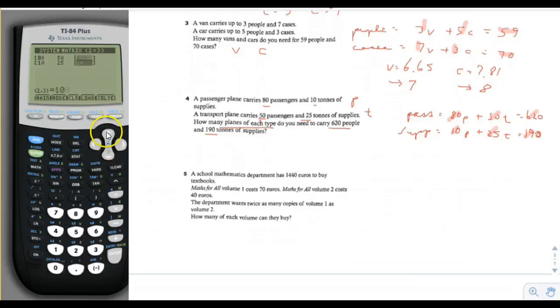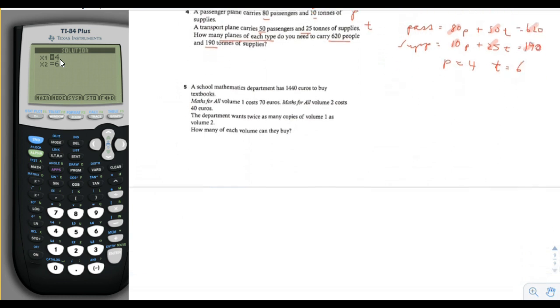Whoops, not 10, 190. Okay, and then we solve, and we get 4 and 6. So the number of passenger planes is 4. The number of transport planes is 6.